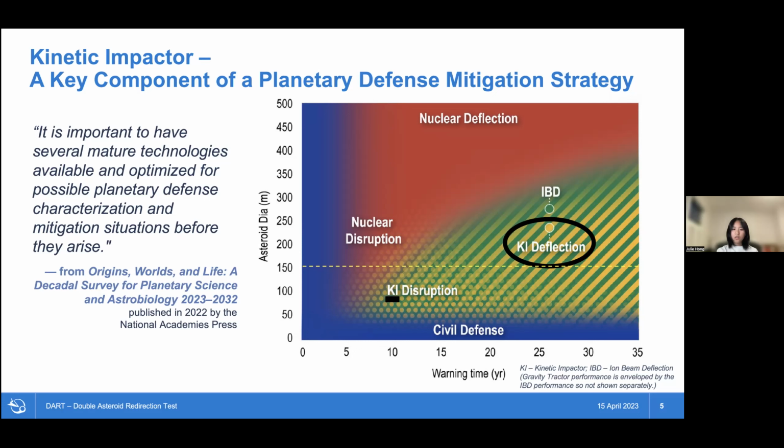We have a question from Colin. Are there any evaluations of the risks of ejecta hitting and damaging our satellites, such as the Starlink satellites made by Elon Musk? I assume you're talking about the Dimorphos ejecta. At the time of impact, Dimorphos was at 11 million kilometers, or 7 million miles, from Earth.